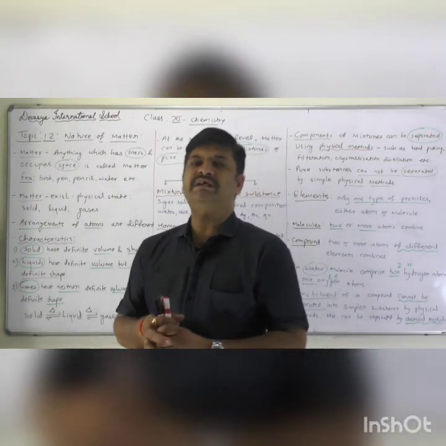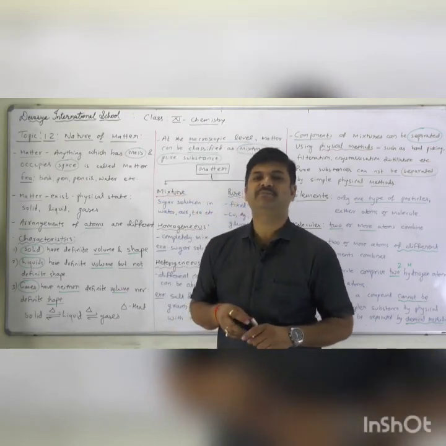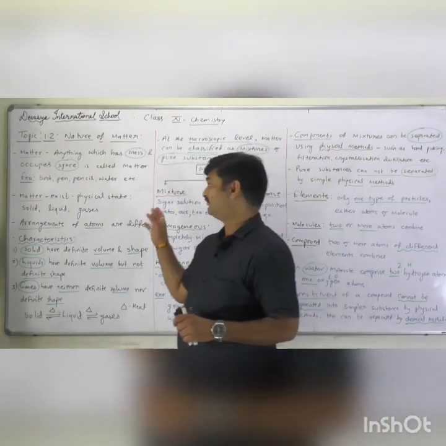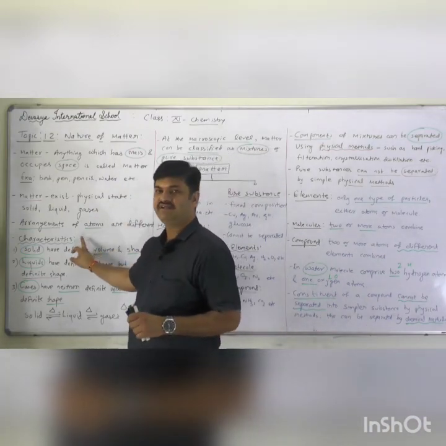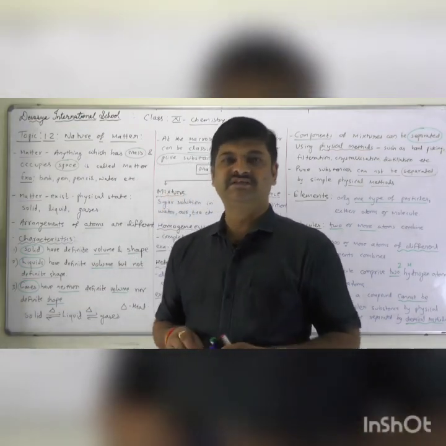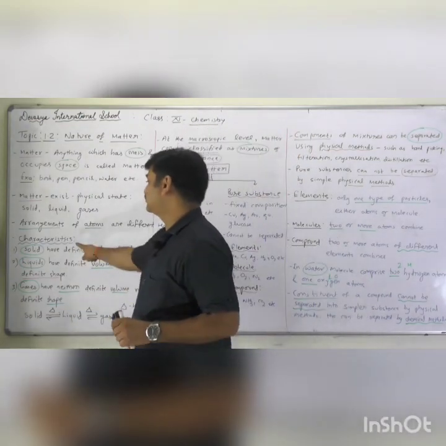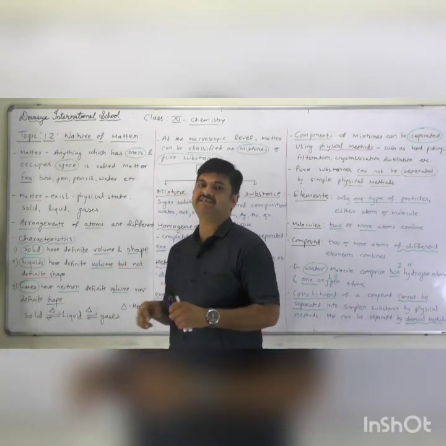Now on the basis of arrangement of atoms, in case of solid, liquid and gas, the following important characteristics are there. Here in case of solid, the solid has definite volume and definite shape.